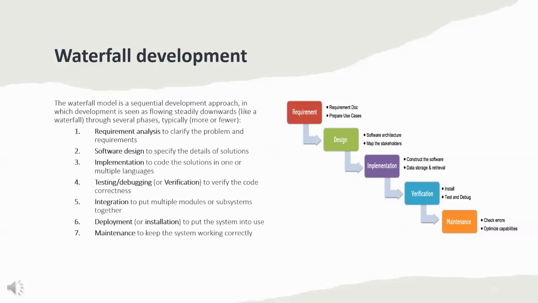The right side shows a figure of the waterfall development. It lists the phases: requirement, design, implementation, verification, and maintenance. And there are descriptions of the phases. They are basically the same as in the text description.